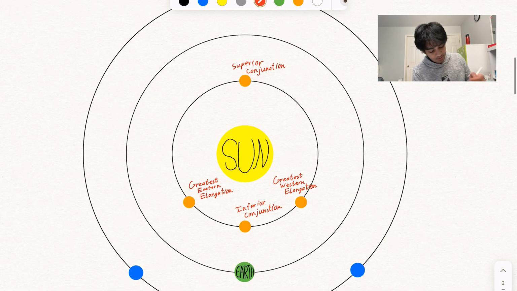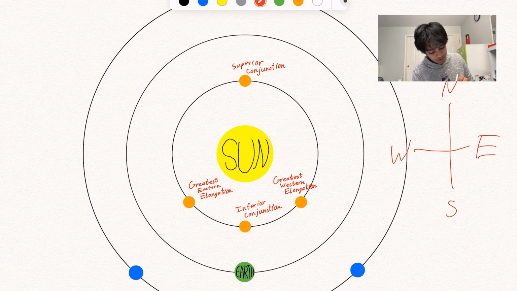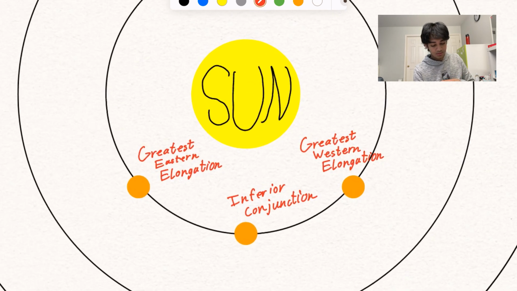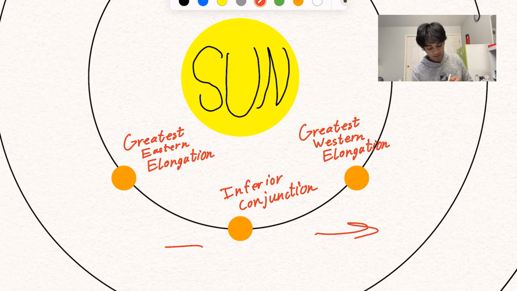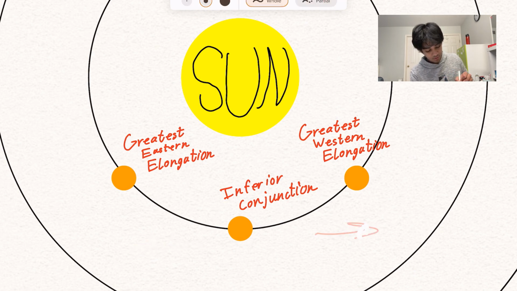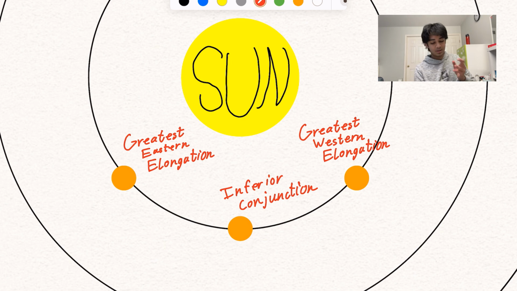Now this might seem a little confusing because we have north, south, and east and west should be on this side, but here it's switched. We have west and east, but that's the way it's defined, and that's something we have to keep in mind, that when we're talking about planetary configurations, we have our western on this side and our eastern on this side. And this has to do with the perspective we're looking at it from Earth, which kind of flips the entire board.